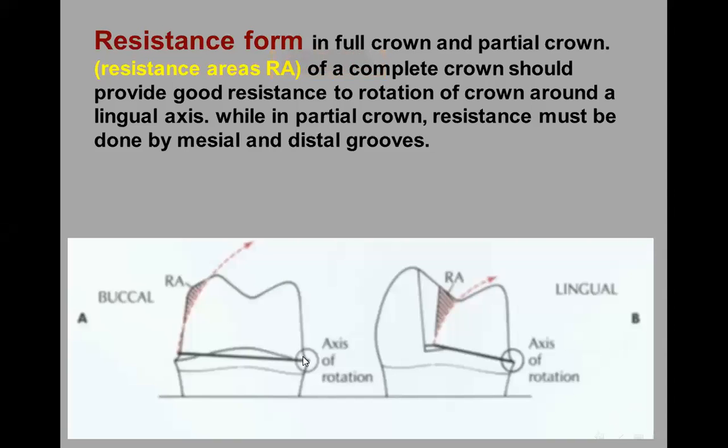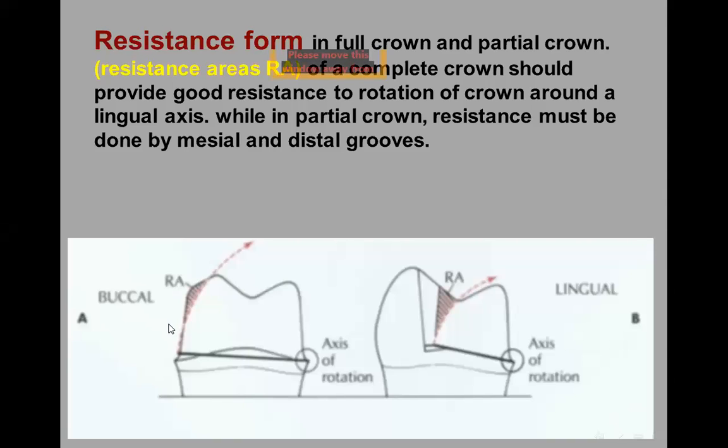In picture A, it is a full crown preparation, and the length and the taper of the restoration are normal, or in the proper way. When there is a force which is going to move the crown in the direction opposite to the axis of rotation, there will be an objection, and this objection in an area, we call it the resistance area, RA.